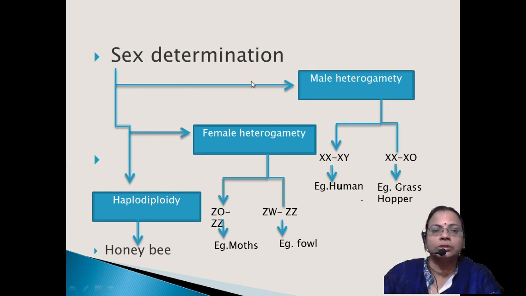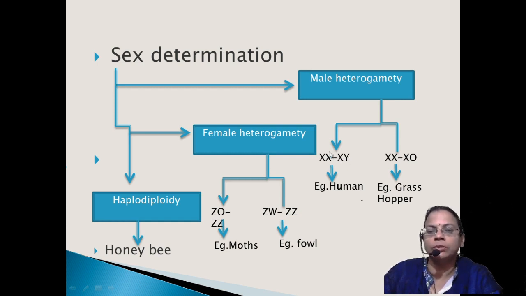There are 2 types of sex determining mechanism, male heterogamety and female heterogamety. Male heterogamety means male members will produce 2 types of gametes, and broadly we follow the XX-XY chromosome and XX-XO conditions. So male members will have different types, one is X, the other one is Y.